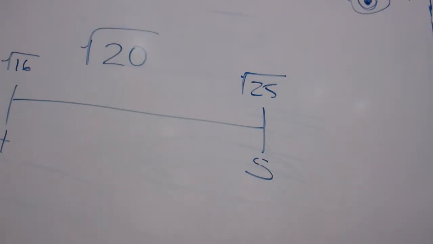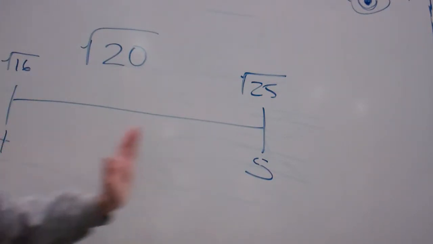Good stuff. Now, if we were trying to get a more definite answer, this is where decimals come in, and they may ask you to do that. So let's try 4.5, just because it's in the middle of 4 and 5.